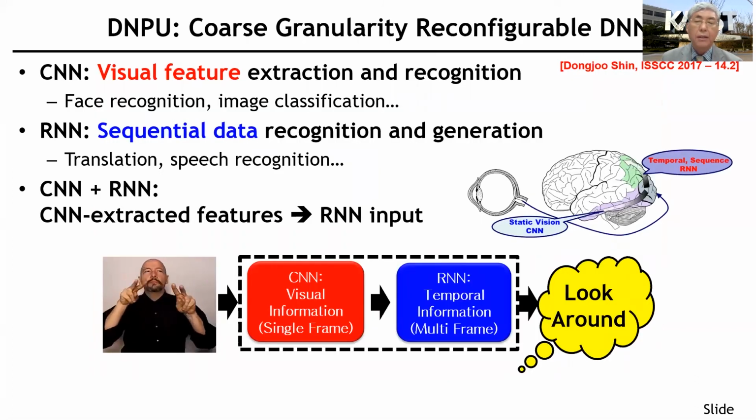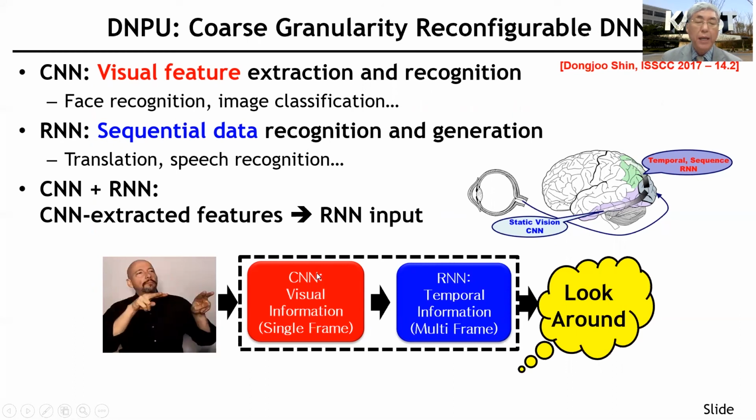And another example is DMPU. DMPU is composed of two deep learning processors. One is a CNN. CNN is very famous for visual feature extraction for static images. And RNN is very famous for sequential data recognition.